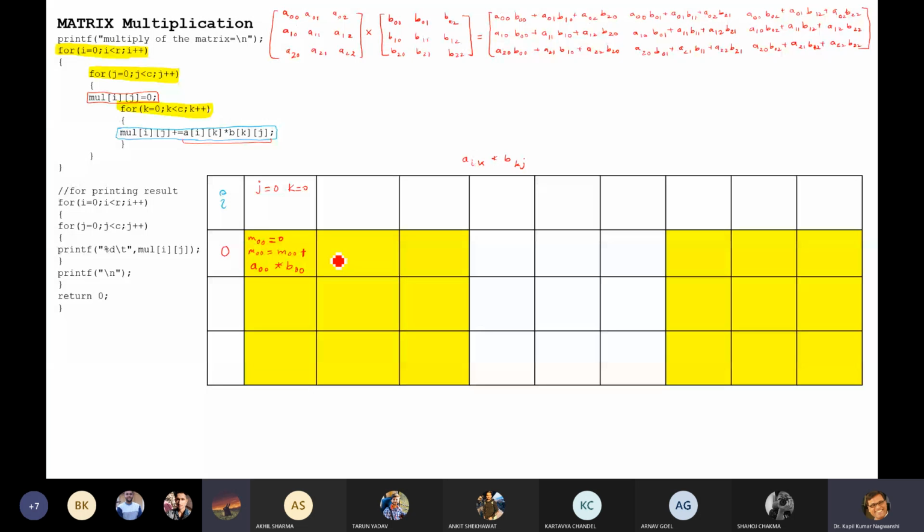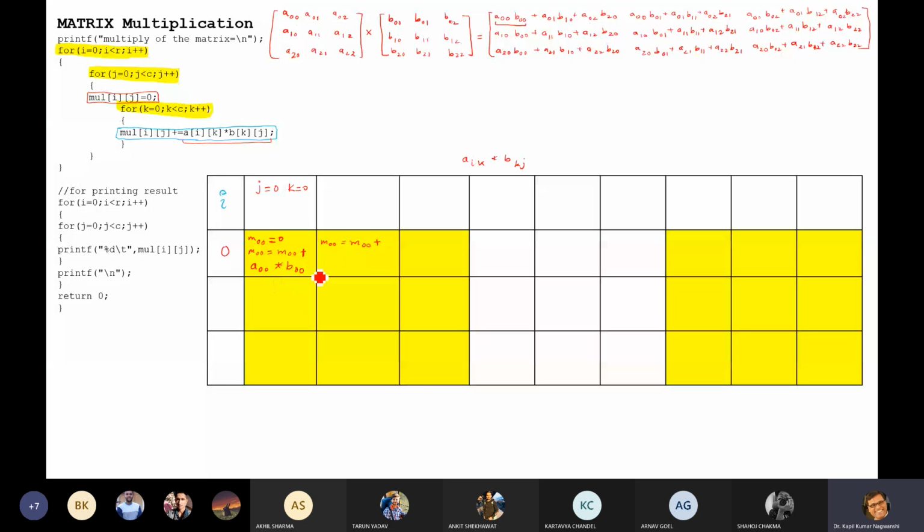Now we need to add. Now the next term will be coming. Next term is M00 equals M00 plus. So this is our first term, calculated like this: A00 B00.